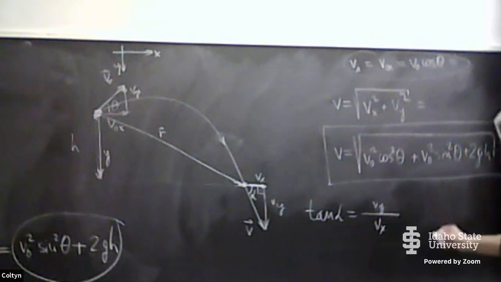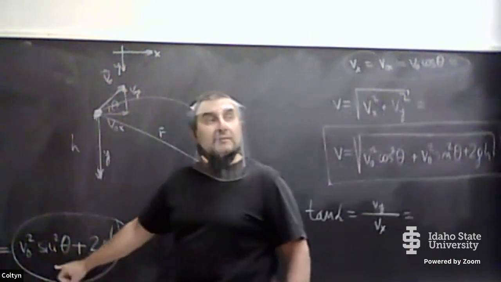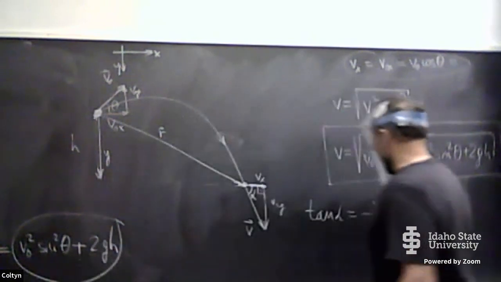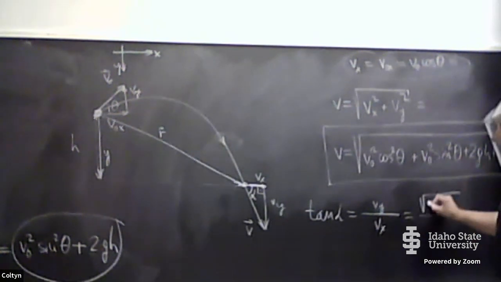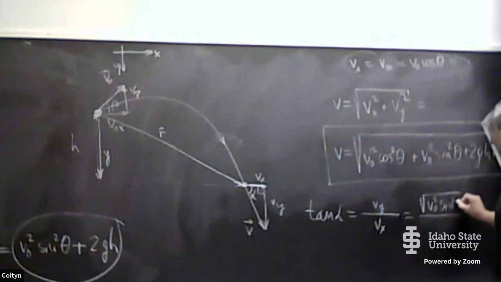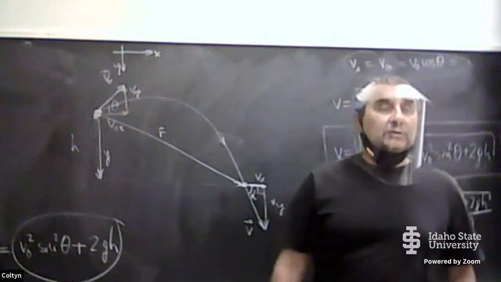And therefore, well, Vy was what? It was this expression, but I have to take it under square root. So it is square root of V naught squared sine squared plus 2gh. And Vx is V naught cosine. So this is the tangent of the angle that we're looking for.